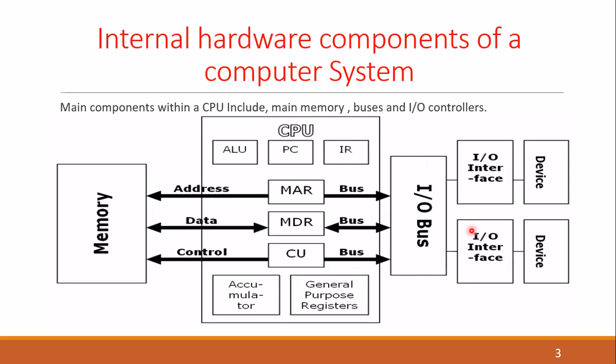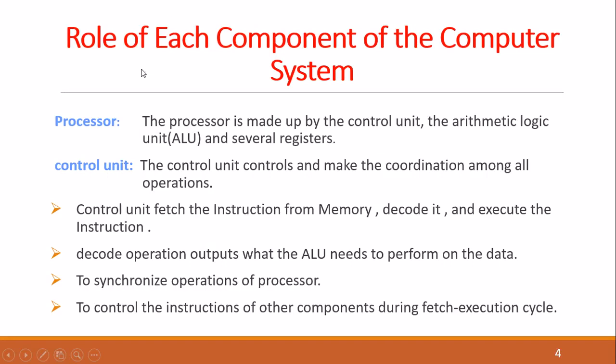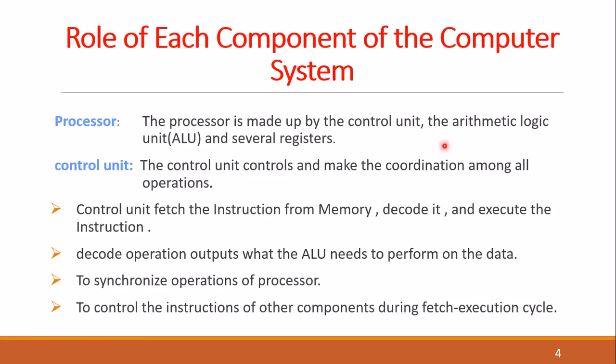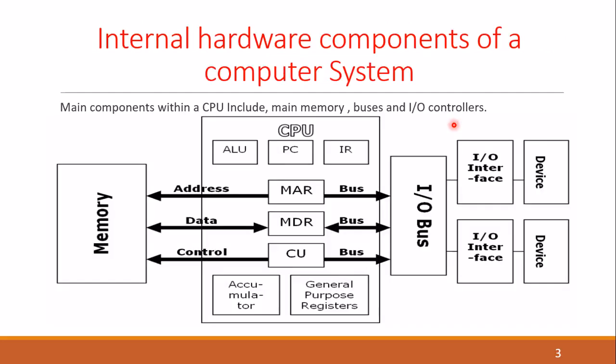There are also accumulators and general purpose registers, which are both registers of the computer system. We will study the functions of the components, what function is performed by each component of the computer. Just go back to slide number 3. Here we see the components: CPU, I/O devices, I/O buses, and main memory or the memory unit.